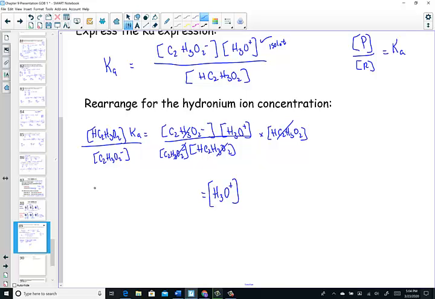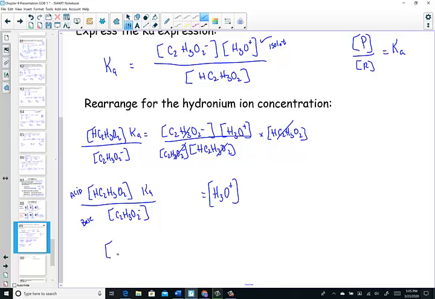And here's what we did. We have HC2H3O2 times Ka over C2H3O2 negative. The acid over the conjugate base. And really what you'll see this presented as is the Ka will be placed outside.